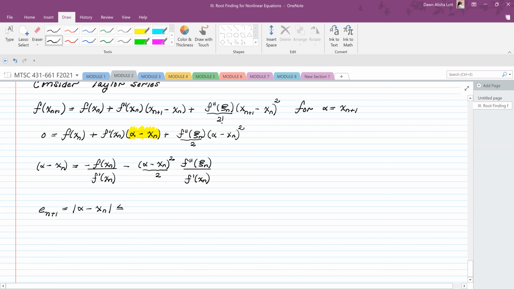I'm going to get the absolute value of f double prime of cn divided by 2 times f prime at xn, times the absolute value of alpha minus xn squared, and so it's going to be less than or equal to that.